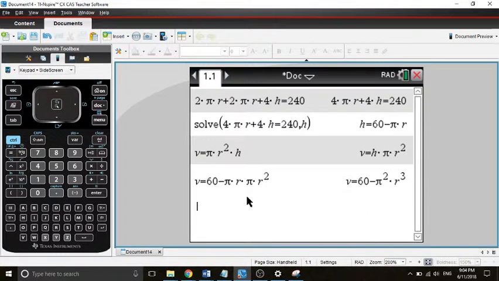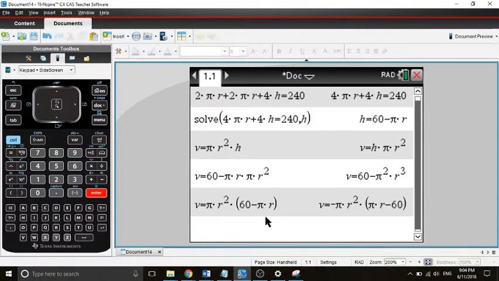So volume, we'll try it again. Volume equals pi times r squared times the height. Maybe we'll put all that in. So that's our height here. That's the mistake I made, we need brackets. There we go. And then we'd expand that.